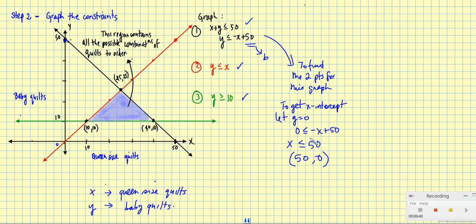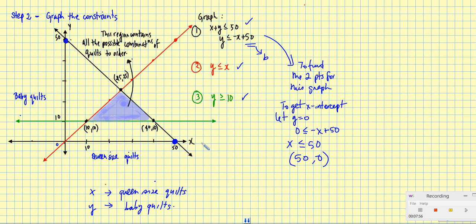So 0 is less than or equal to negative x plus 50, so x has to be less than or equal to 50. I know my point for x is 50 and 0, which I'm coloring in right now in blue. My second point is my y-intercept, which we already know to be 0 and 50. Then I can make a straight line through those two, and that's my first graph.